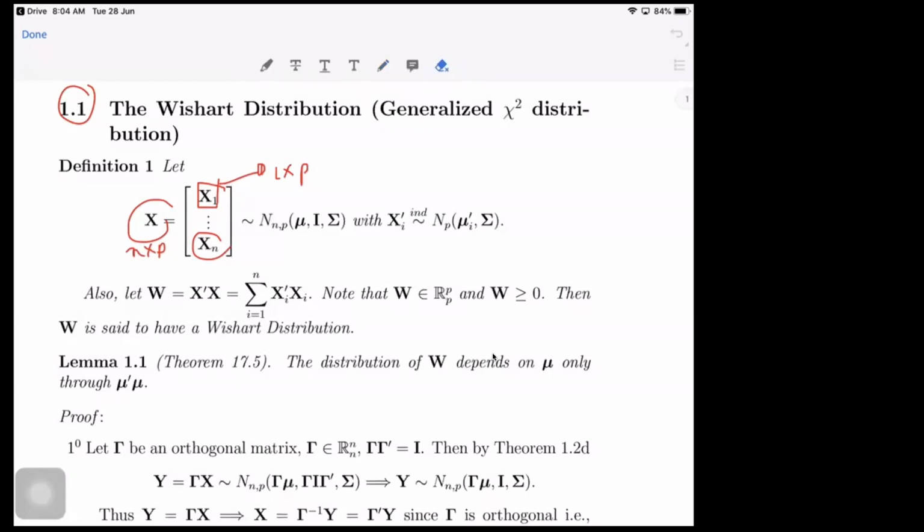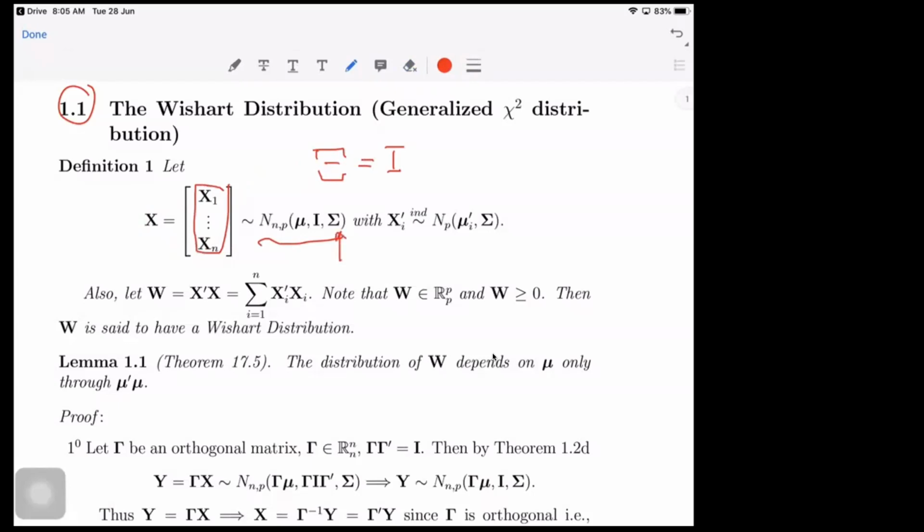This random matrix should satisfy a normal distribution with a mean mu, and the covariances dealing with the rows, the x_i's, i from 1 to n, is just the identity matrix, and this sigma here is the covariances between columns.